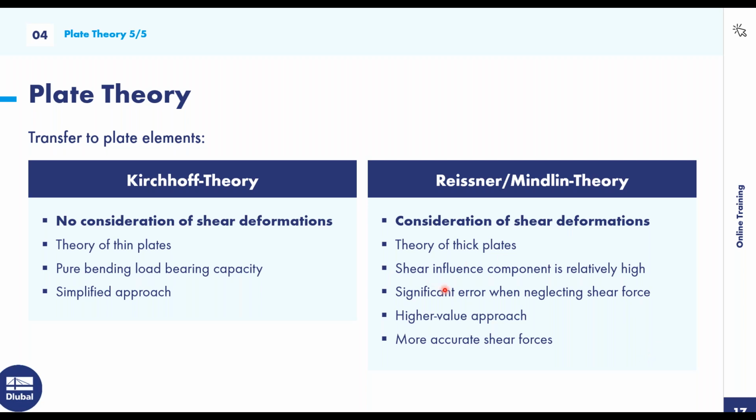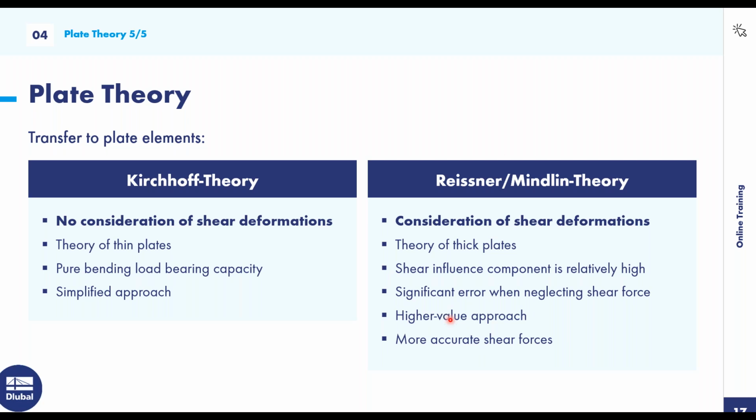There's also significant error when neglecting shear force, and it's going to yield a higher value when using this theory because of the additional deformations leading to additional shear forces. So these are two good theories to keep in mind.